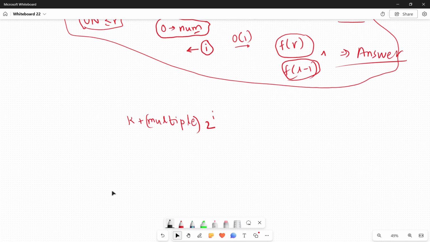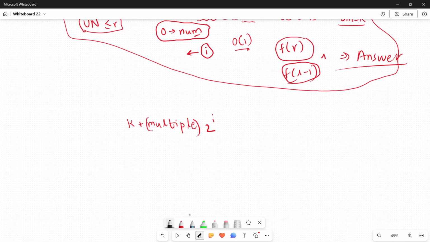So that's why k plus multiple into 2 to the power of I should be less than or equal to r, right? So we want to find this multiple to get the number of uninteresting numbers that are in between range 0 to r.